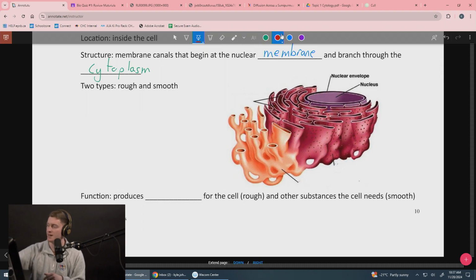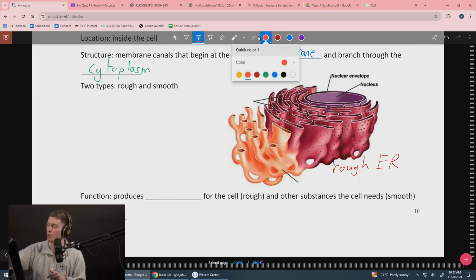If we're looking at this diagram here, the red and closer to the nucleus reticulum is our rough endoplasmic reticulum. I'm just going to label it as ER. The shortened form for endoplasmic reticulum is going to be ER. That's our rough ER.